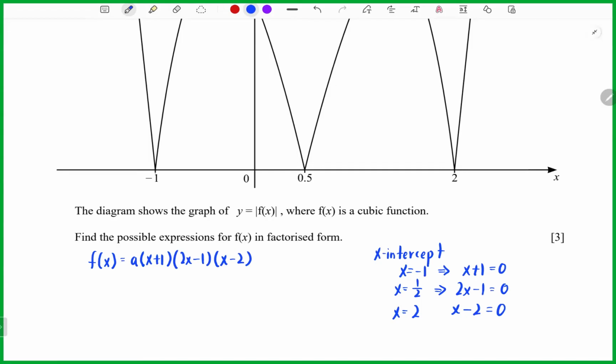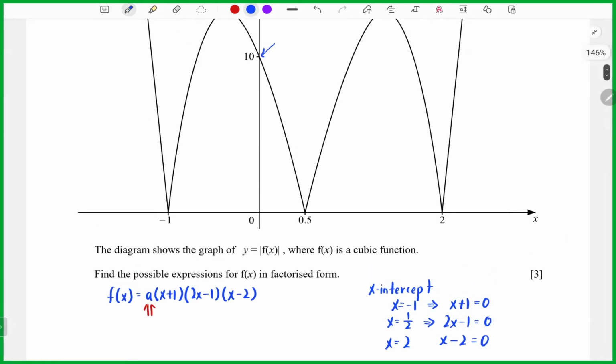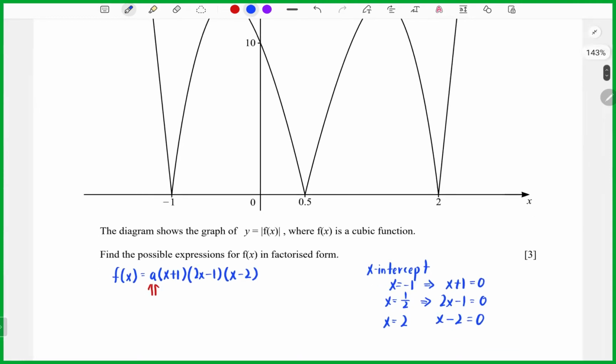Now we need to find the value of the constant. Look here, this value is 10, right? So you take f(0) equals a times 1, negative 1, negative 2.